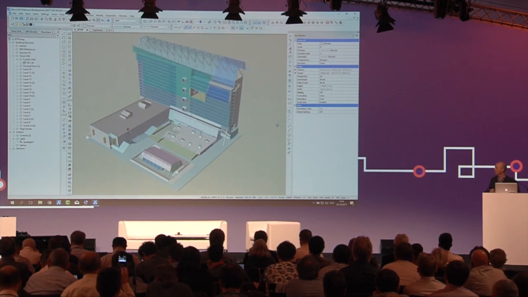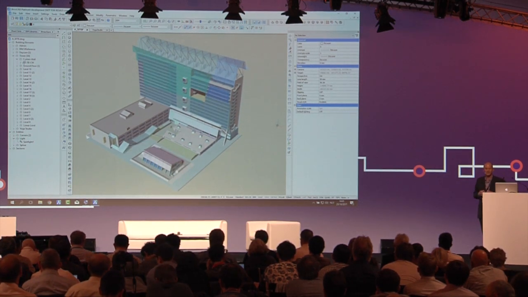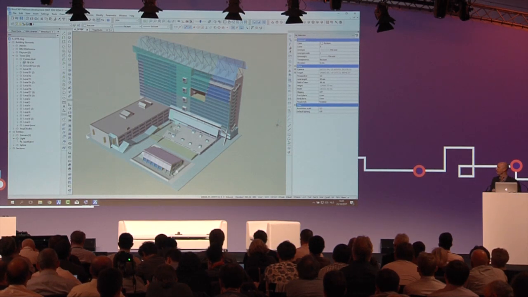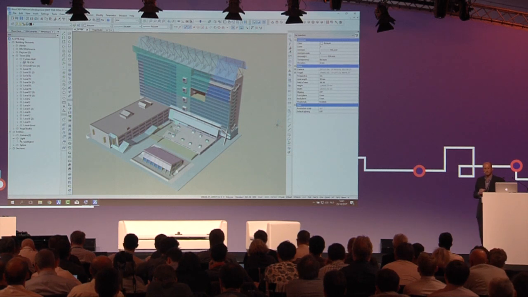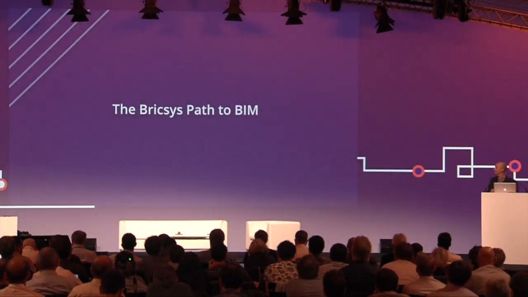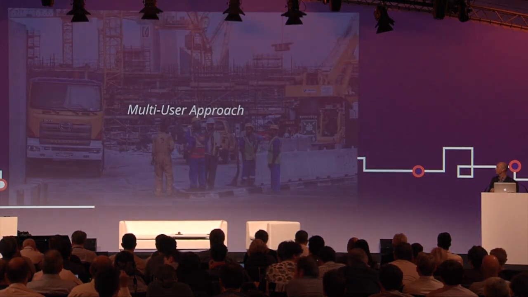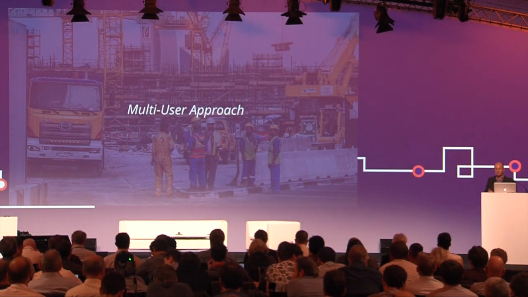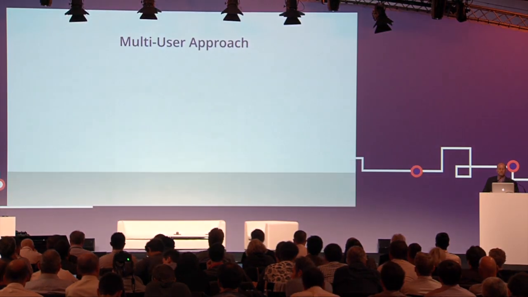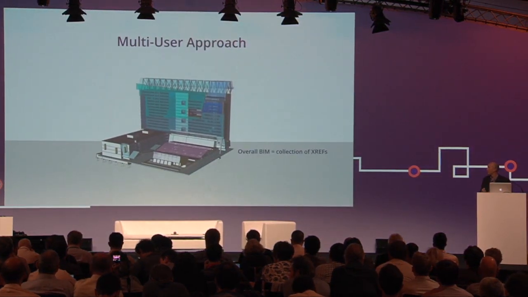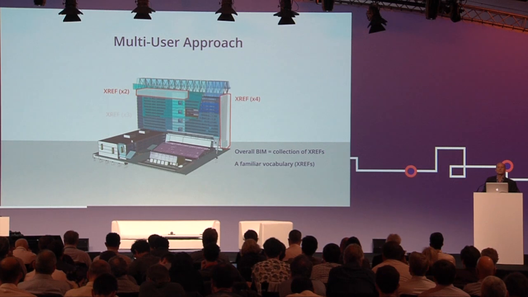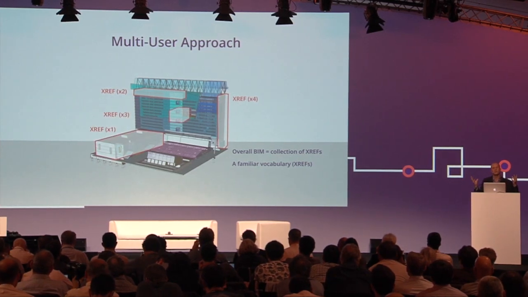But now let's quickly jump to a couple slides and just reinforce some of the things. Okay. So the multi-user approach. As we mentioned, you've got the capabilities to split up the project however you want.